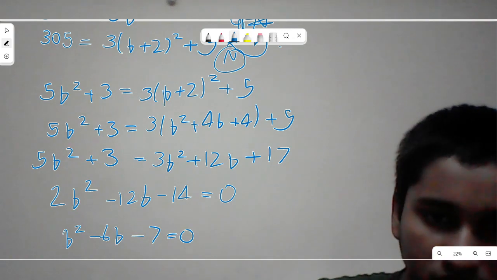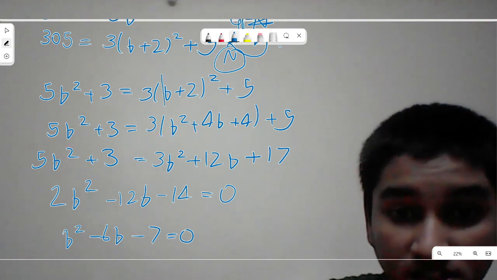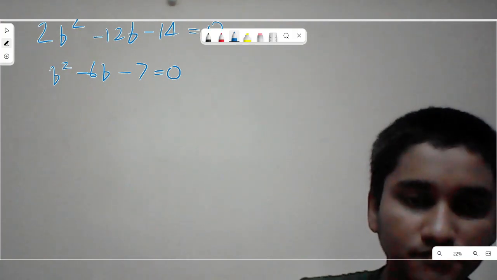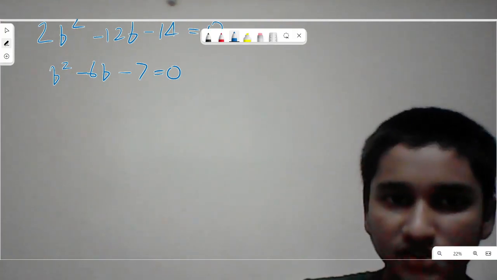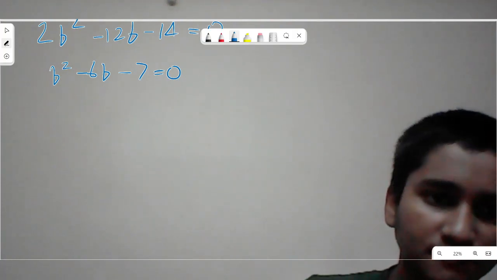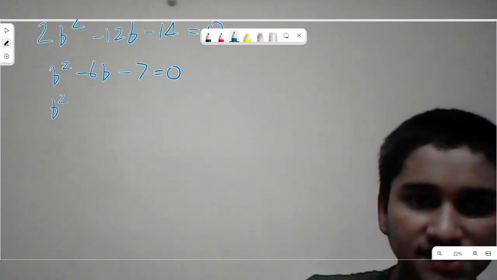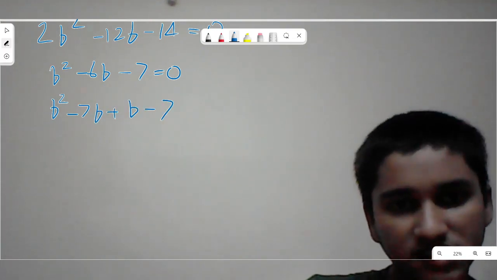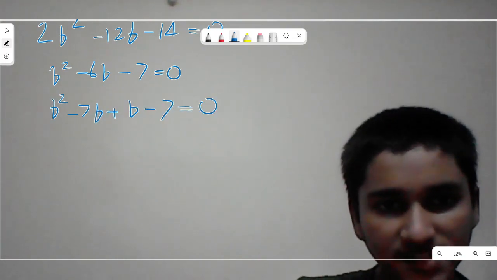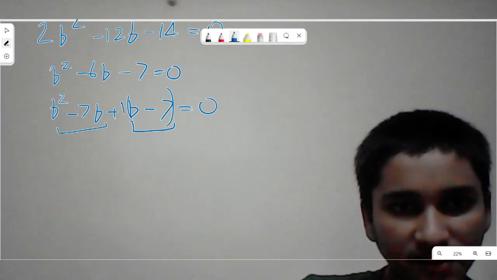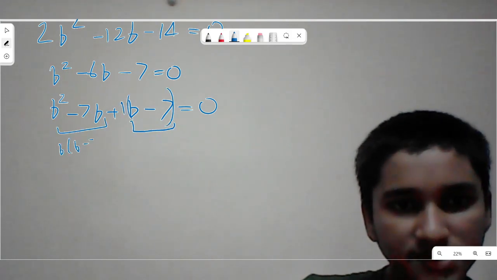So let me scroll it down a bit. Okay, so I have scrolled it down. b square minus 6b minus 7, we have this equation. Now we can simply factorize it. So b square, we can write minus 6b as minus 7b plus b, and it is of course minus 7. Now we can see here, we can write this as 1 times b minus 7, and this thing as b times b minus 7.